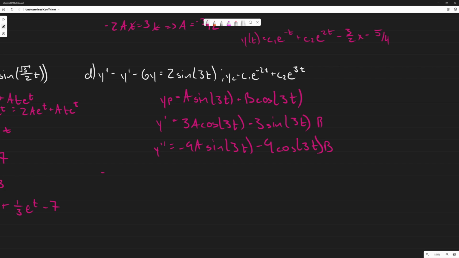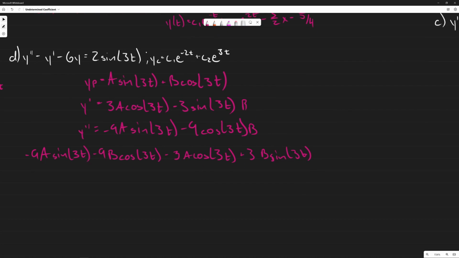So when we plug it in, we have negative 9a sine of 3t minus 9b cosine of 3t minus 3a cosine of 3t plus 3b sine of 3t minus 6a sine of 3t minus 6b cosine of 3t.